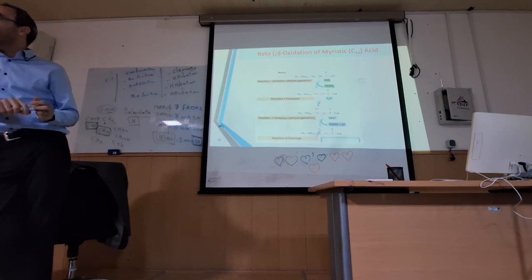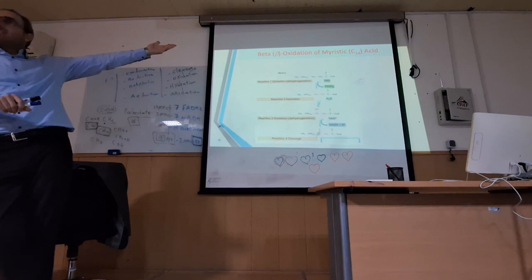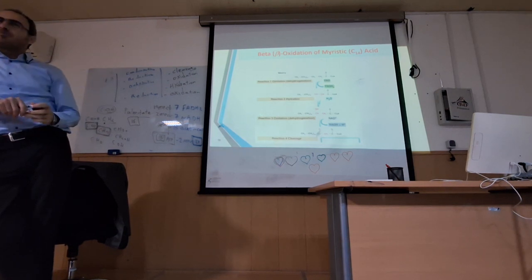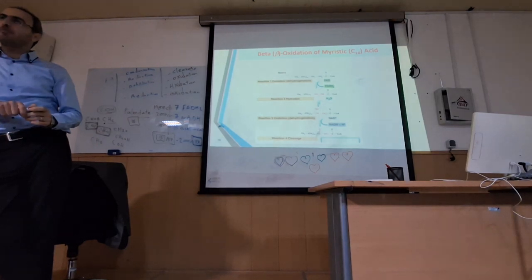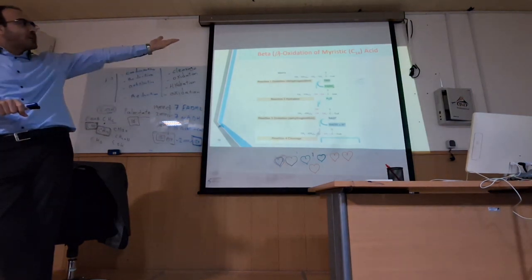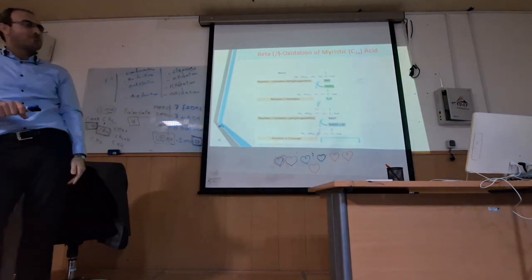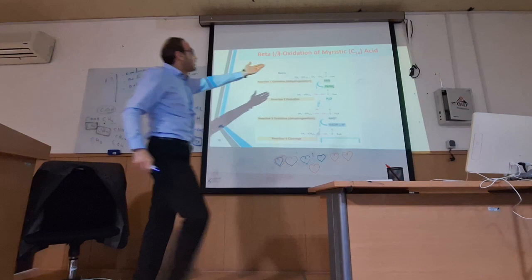Maybe ChatGPT also doesn't work. Here we have myristic acid and 14 carbons, but you are not smart enough to look at the slide and find the number of carbons. It's not very clear. Why is it not clear? Myristic acid is C14. Oh my god. Here.